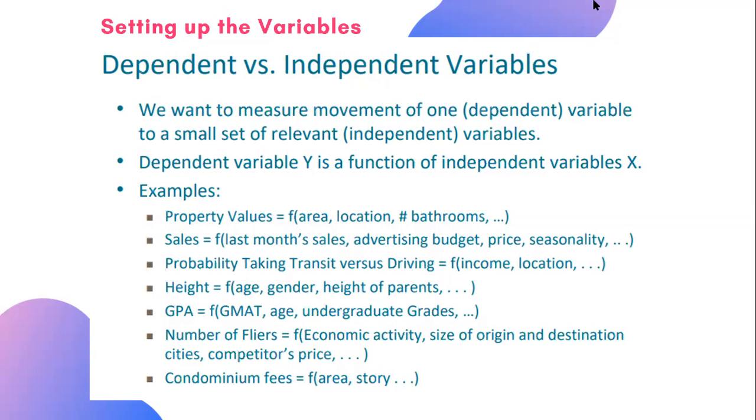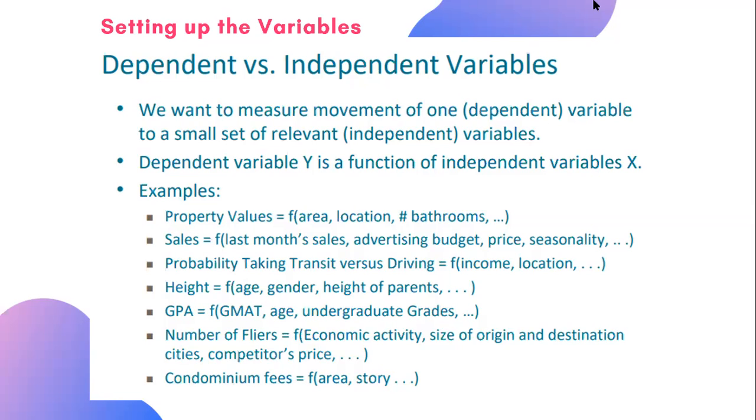It may depend on how much advertising was done, what the price of the good is, the seasonality. During festivals like Eid, there's usually higher sales versus normal days. There's also the amount of competition. Perhaps a new competitor has come in and is offering a better product at a lower price.